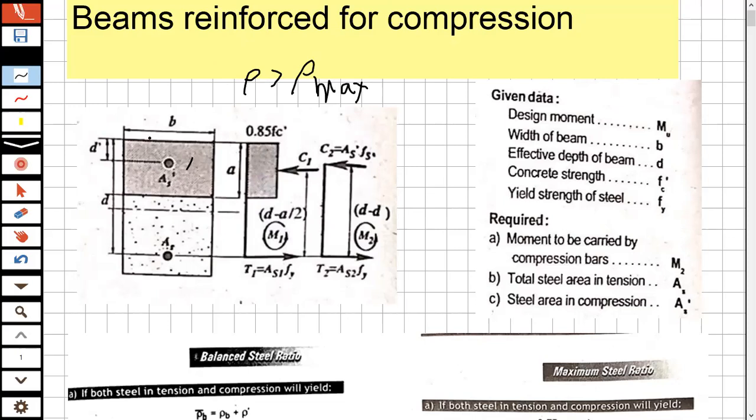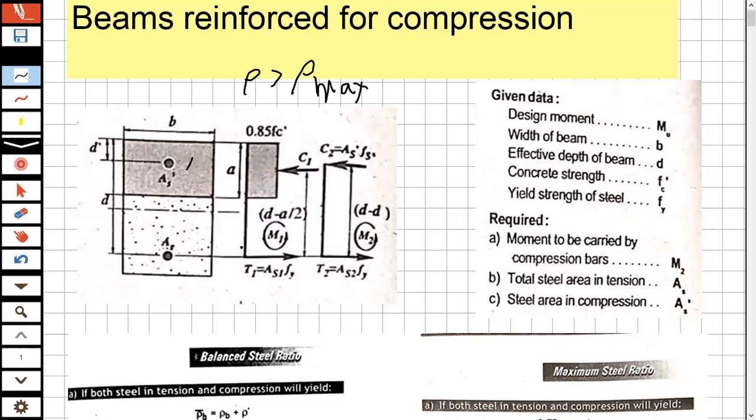That is because of the limitation of the section of the beam. Okay, in the architectural design, it might be that you cannot increase the size of the beam. So there's a possibility that you can just add reinforcement for the requirement for the compression forces.